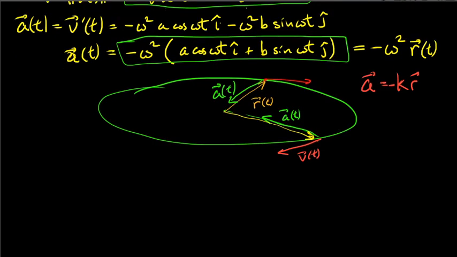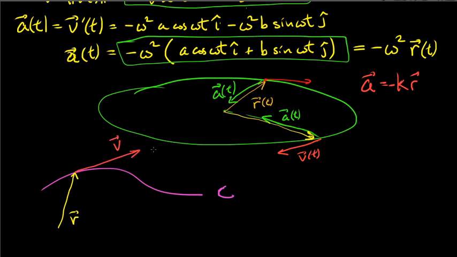In general, when you have a curve C like this, your position vector will be pointing this way. Let me do a better position vector here. How about this one? So this is r. The velocity vector has to point in a specific direction.